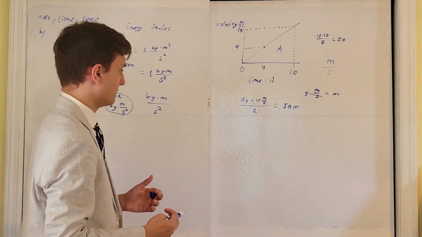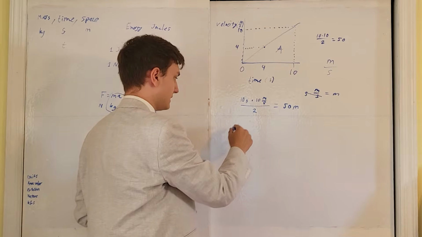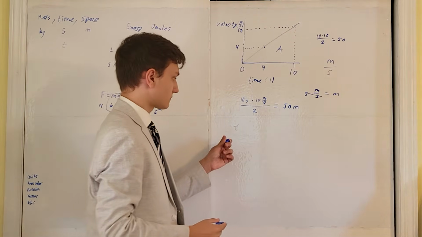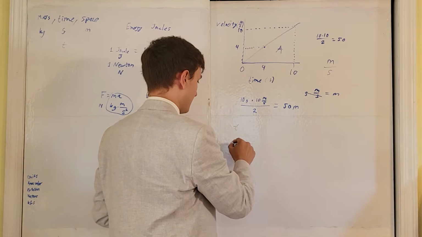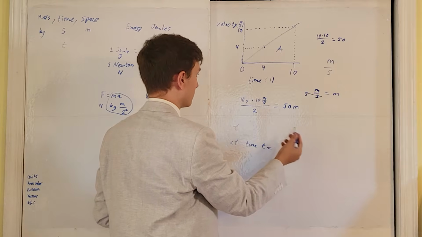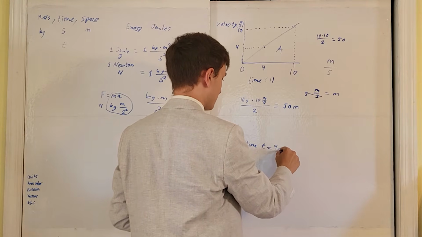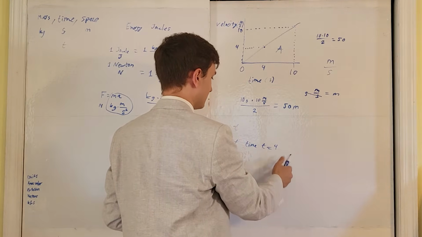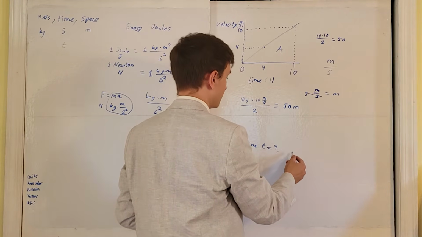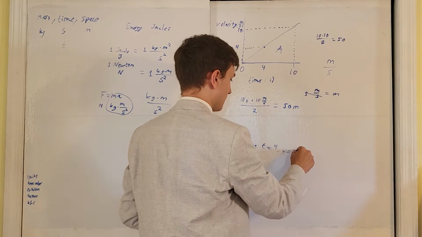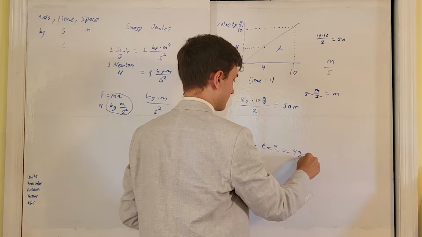Let's say for the time being that we're using the letter T to represent time. You would say at time T equals 4 seconds, the velocity is 4 meters per second, or V equals 4 meters per second.